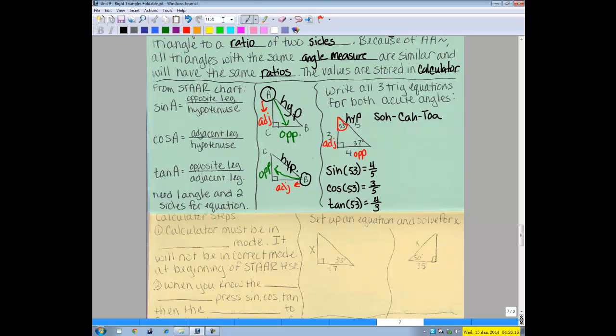Now, whenever we change angles, remember that our opposite and adjacent will change. So if I'm talking about 37 now, 4 becomes my adjacent, and 3 becomes my opposite. So now we're looking at the green part. And I'm going to erase the red so that it doesn't confuse you as we're talking about these things.